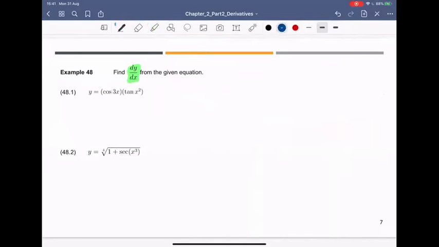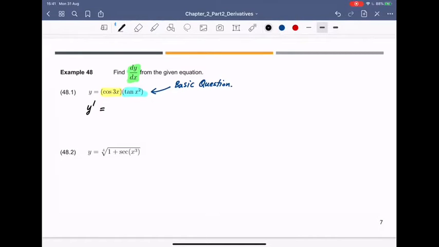Whoa, I told you this is a basic question. This is not hard at all. So I have cosine 3x, which is our first function, multiplied by the second function here. If you want to differentiate, of course y prime, you need to use the product rule.